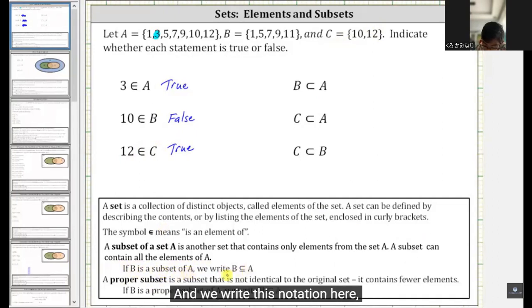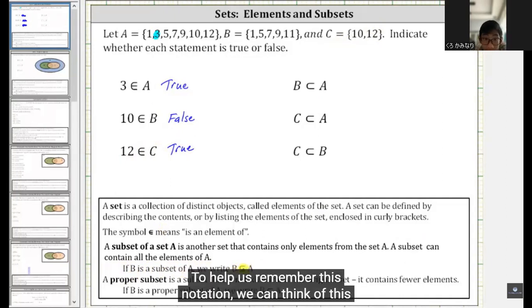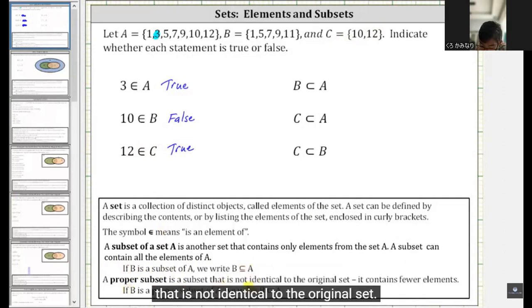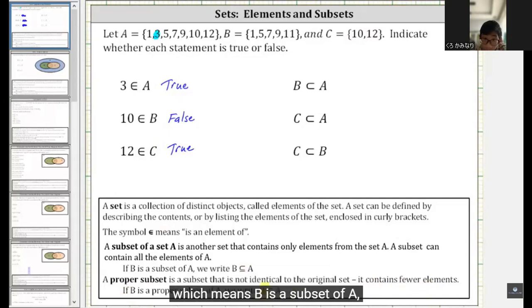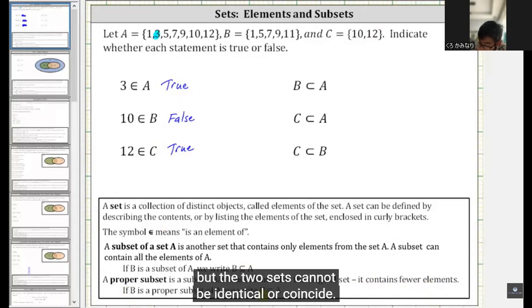And we write this notation here, which reads B is a subset of A. To help us remember this notation, we can think of this as the less than or equal to inequality symbol. A proper subset is a subset that is not identical to the original set and contains fewer elements. So if B is a proper subset of A, we write this notation here, which again reads B is a proper subset of A, which means B is a subset of A, but the two sets cannot be identical or coincide.